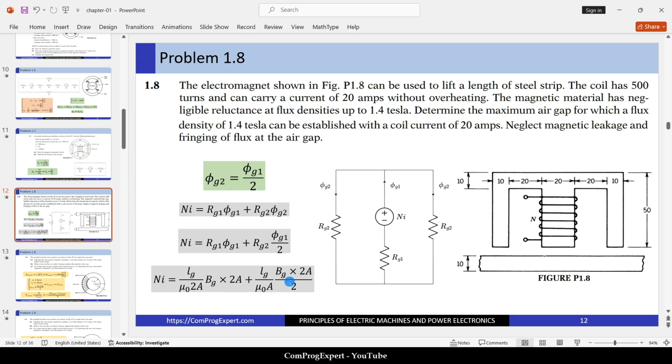So in this equation, we know the value of N, we know the value of I, we know the value of mu 0, the value of the B gap. We don't need to know the value of area. So finally, using this equation, we can calculate the value of the L gap.